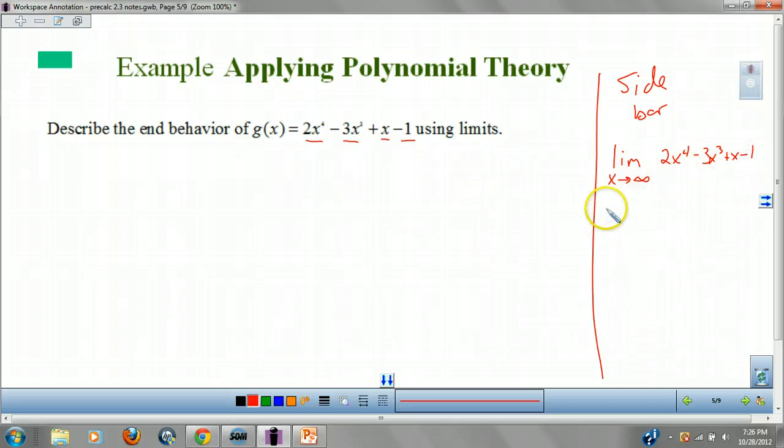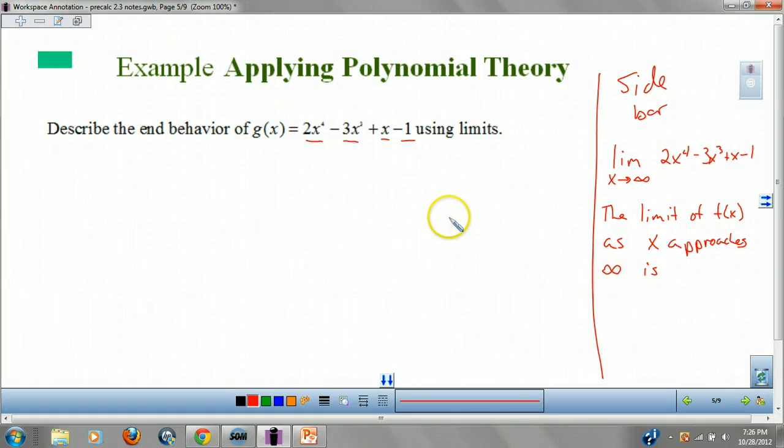The limit as x approaches infinity just means: if you plug in bigger and bigger numbers, what happens to this function? I'll give you a hint. For what we're talking about, it's either going to be negative infinity or infinity. It's either going to go up or it's going to go down.